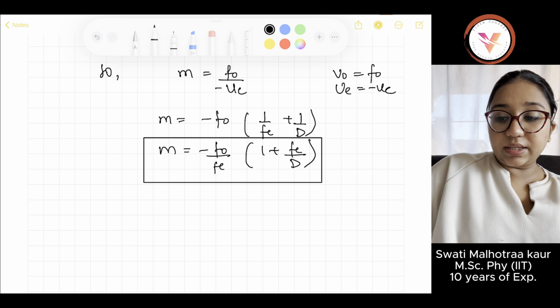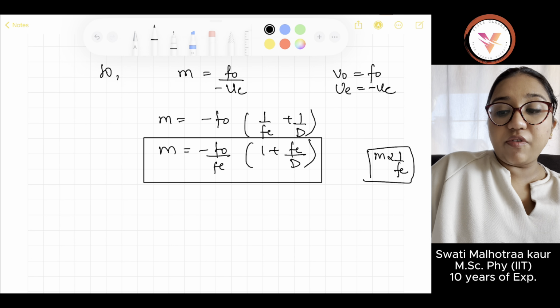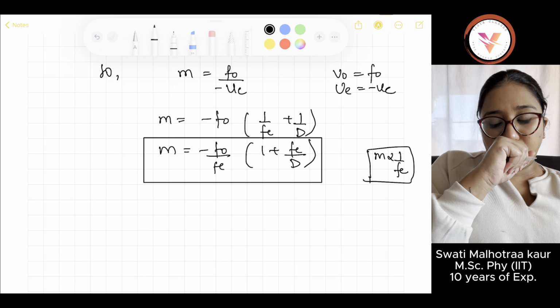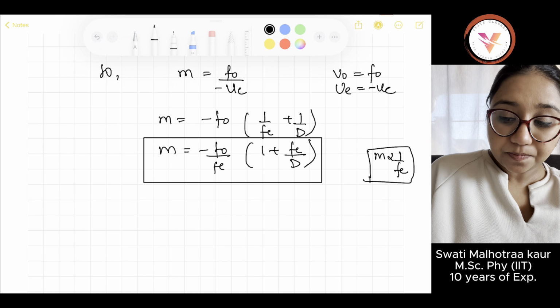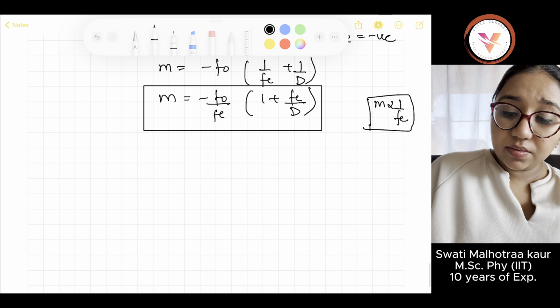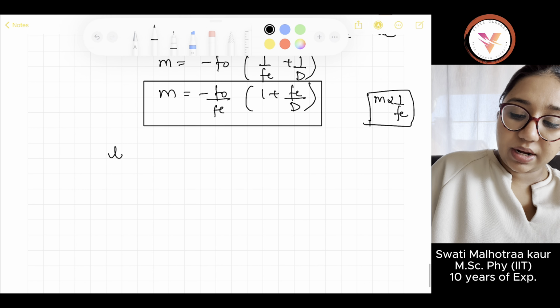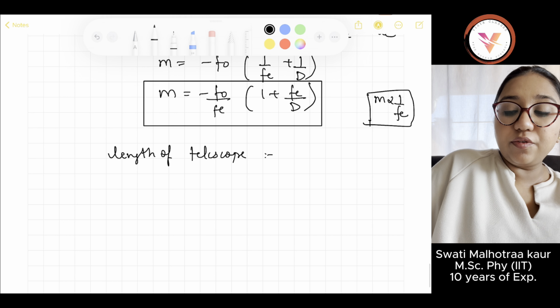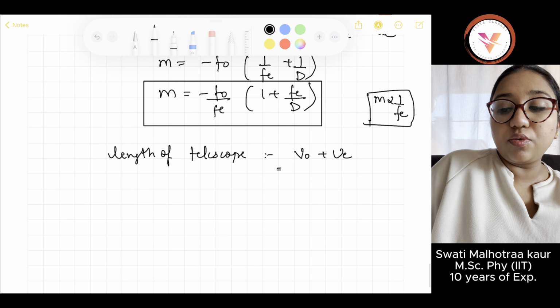And you can see here that M is inversely proportional to FE. Therefore, the focal length of the eyepiece should be smaller to get high magnification. And if you want to calculate the length of the telescope, it is basically VO plus UE, and VO is the focal length.